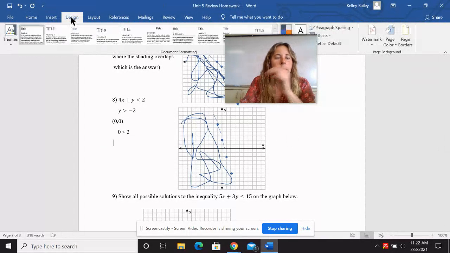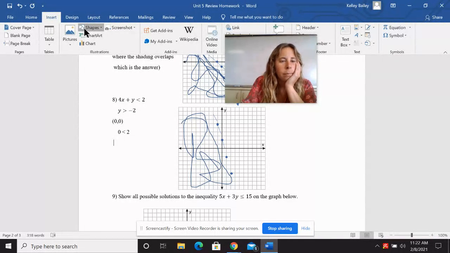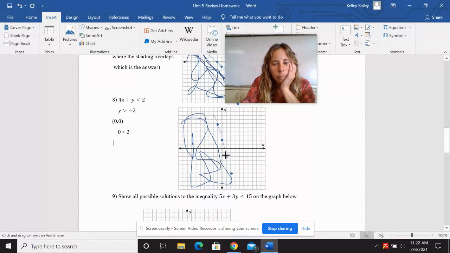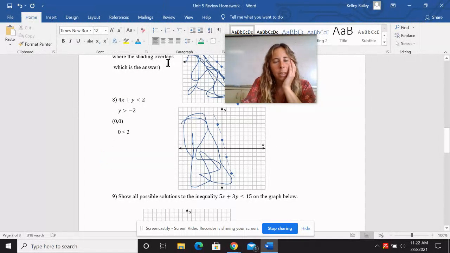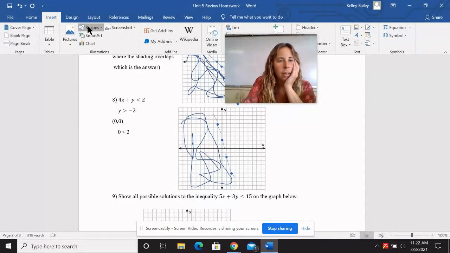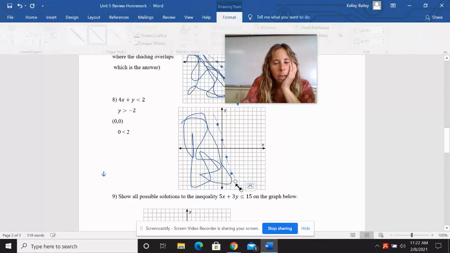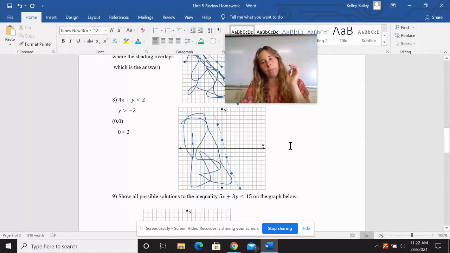Dotted line. Because it's not equal to, it's only less than. Goodness. Okay, let me add one with arrows on the end. Okay, so anyway, it should go on forever. Wow. Well, sorry, that was kind of hard to do.